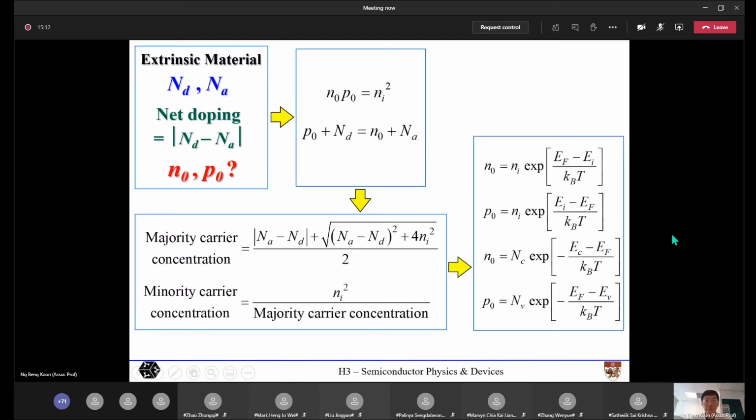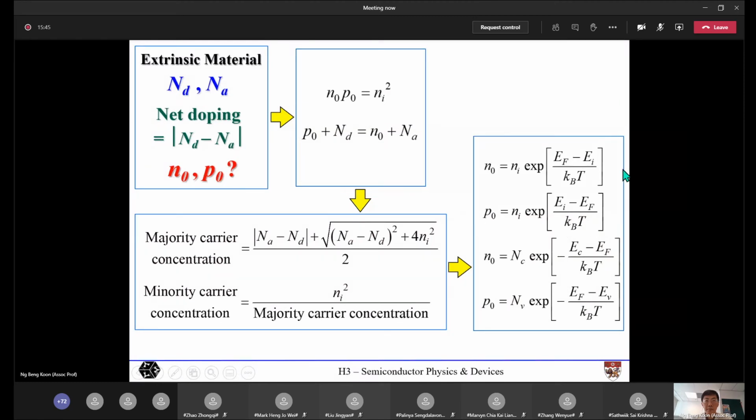In fact, this process to determine the carrier concentration, coupled together with the equations that relate concentration to Fermi levels, allows you to determine the position of the Fermi level in your semiconductor. If you recall, there are two sets of expressions that you can use. They are essentially the same. One relates to the effective density of states, NC and NV, and the other set is derived from this set but expressed in terms of Ni.